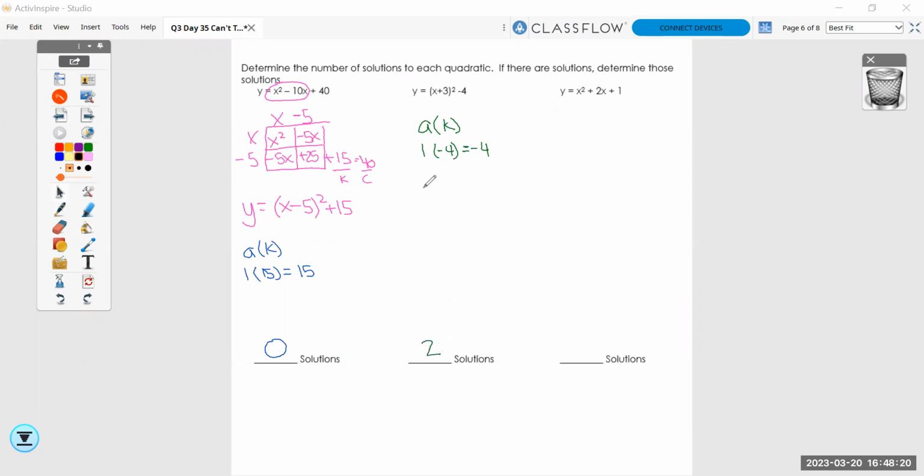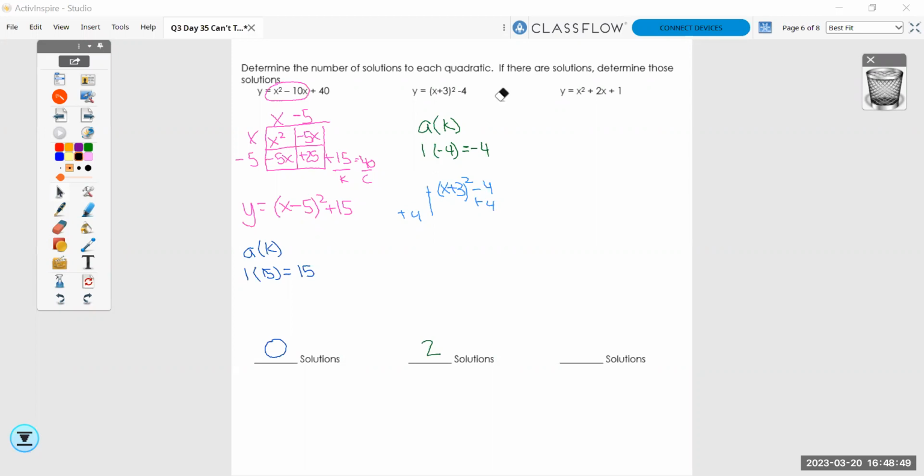So how can I solve this? I have x plus 3 all squared minus 4. I can easily get the squared part alone by adding 4 to each side. Well, I guess probably what I should have done, everybody, is set this equal to 0 first.